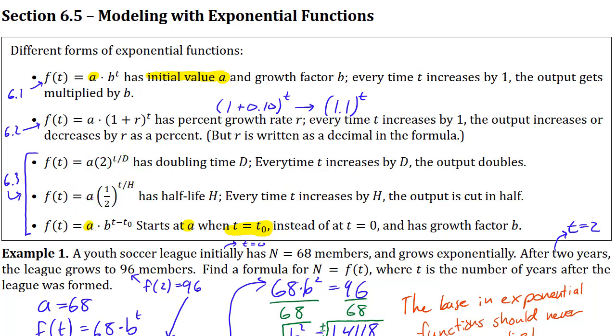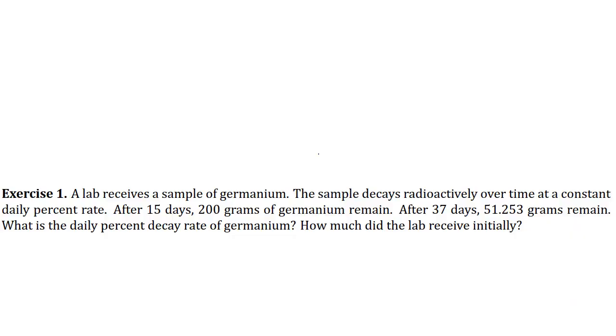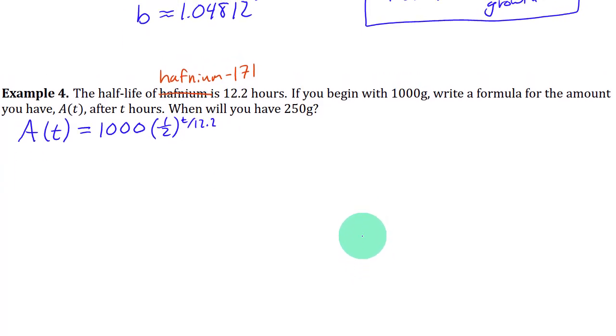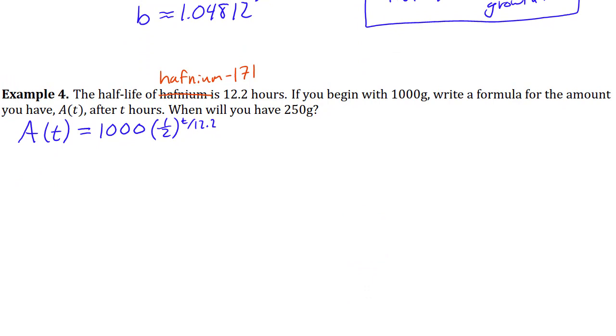And the beginning amount is still going to be A. So 1,000 grams is the A. It's going to be times 1/2 to the power t divided by 12.2. So yeah, that's basically the formula. The other part of the question is when will you have 250 grams?